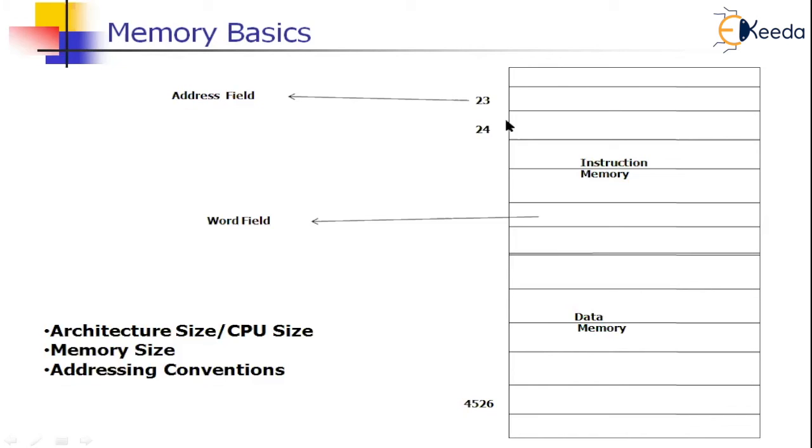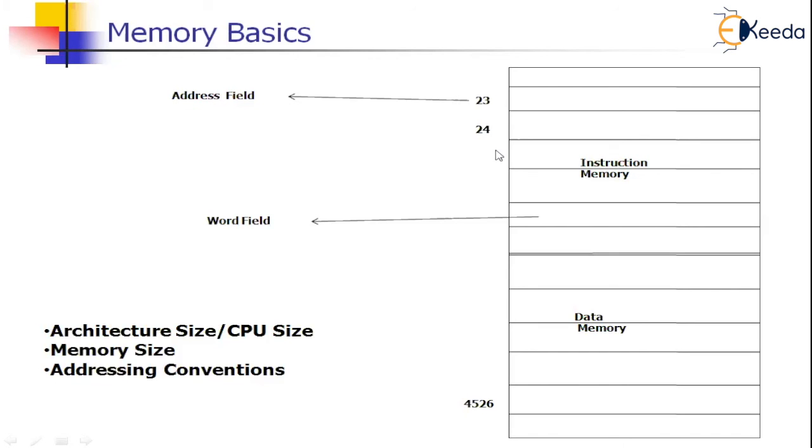So let us say we have the 23rd instruction. The 23rd instruction's memory operand is available in, let us say, data memory location 256. That doesn't mean that the 24th instruction's data operand will be available in 257. The 24th instruction's data operand might be available somewhere later, maybe 386.